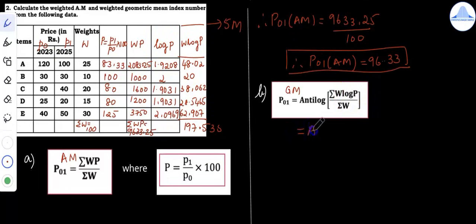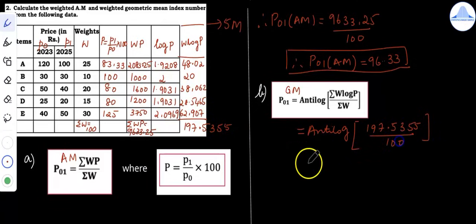So this is equal to antilog of 197.5355 divided by 100, which is equal to antilog of 1.975.